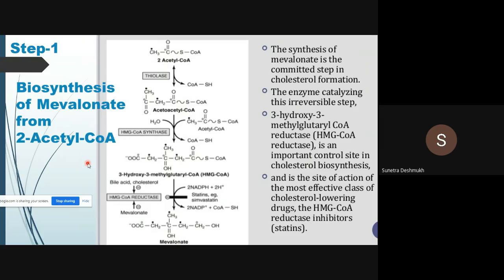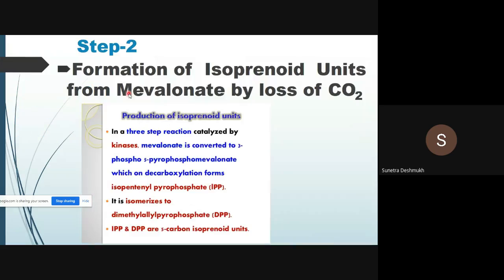Now we can see how mevalonate is converted in the direction of cholesterol synthesis. Step two is the formation of isoprenoid units from mevalonate by loss of carbon dioxide. Isoprenoid units, as we know, have five carbon atoms.